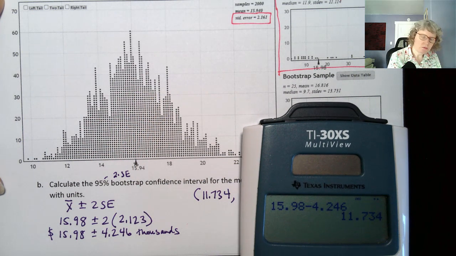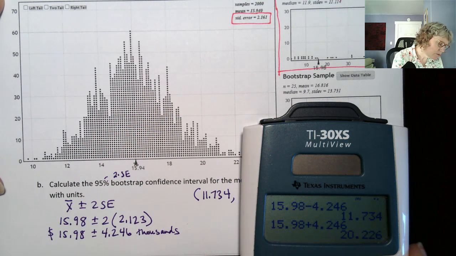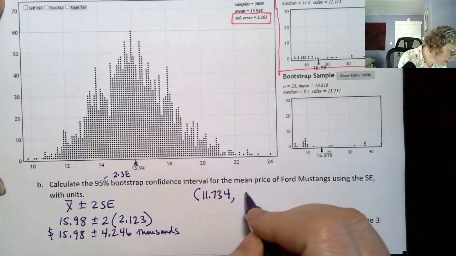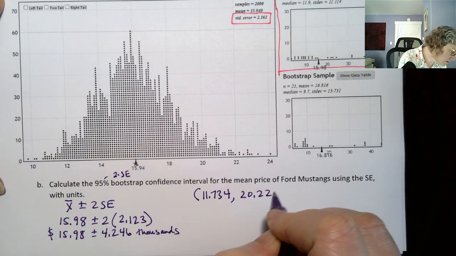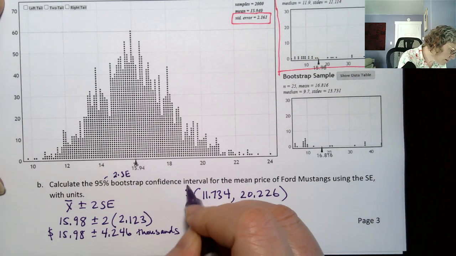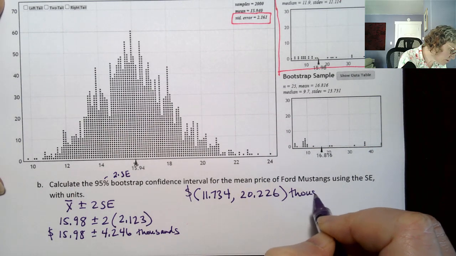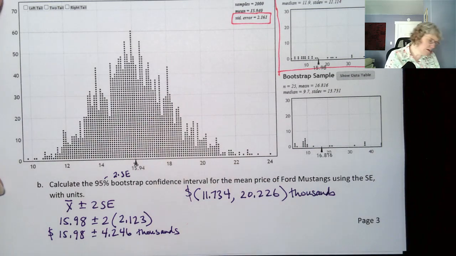Up to 15.98 thousand plus 4.246, 20.226. And that's in thousands, thousands of dollars.